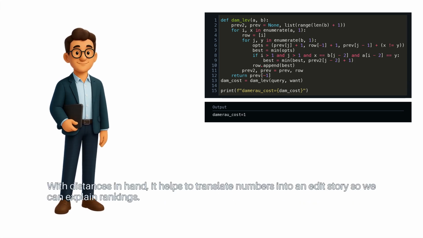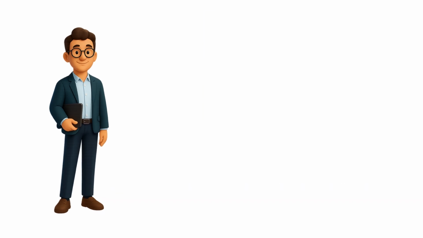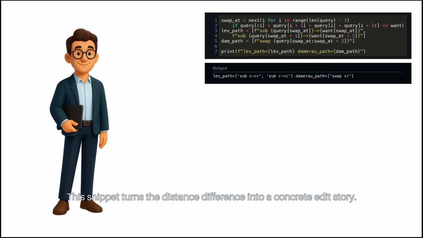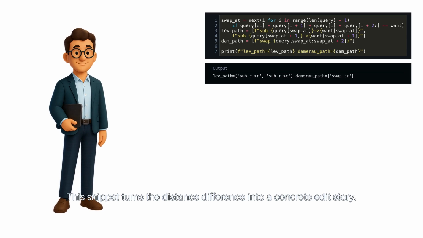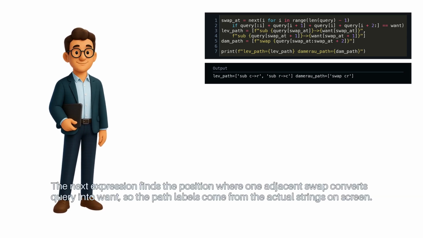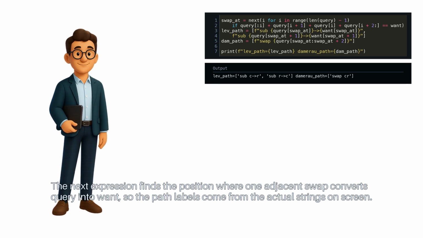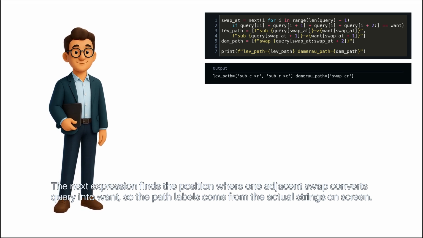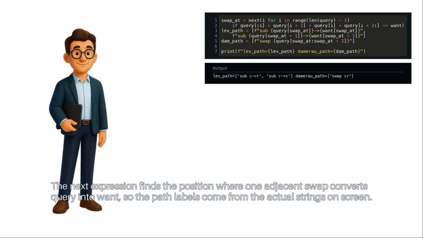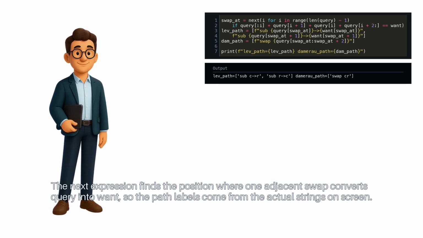With distances in hand, it helps to translate numbers into an edit story so we can explain rankings. This snippet turns the distance difference into a concrete edit story. The next expression finds the position where one adjacent swap converts query into want, so the path labels come from the actual strings on screen.